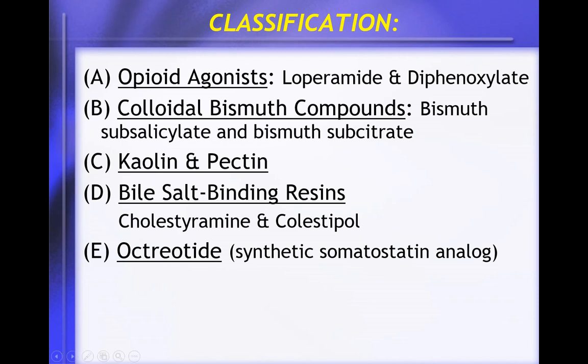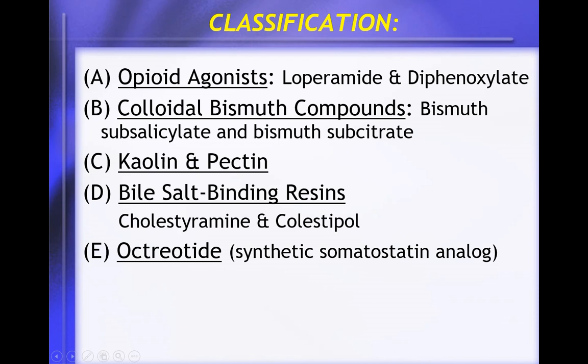The opioid agonists, loperamide and diphenoxylate, inhibit the cholinergic transmission in the submucosal and mesenteric plexus in the GIT, and they decrease the GI motility and increase the transit time.